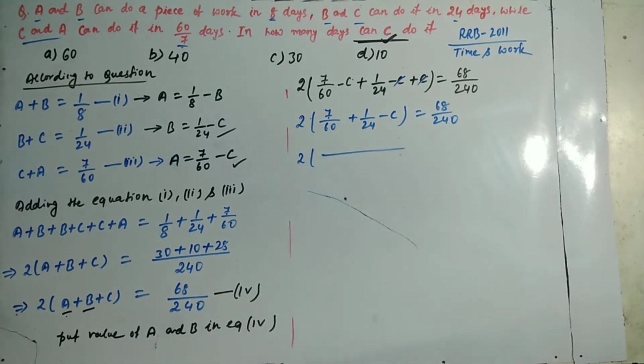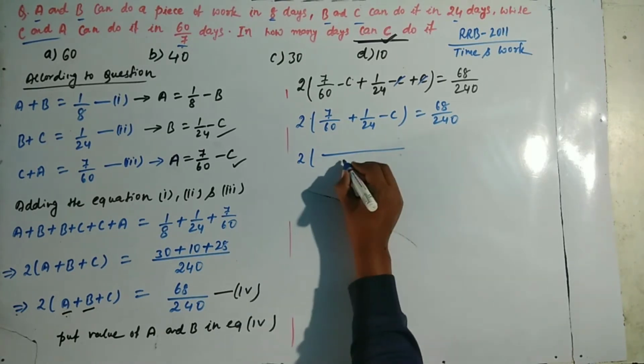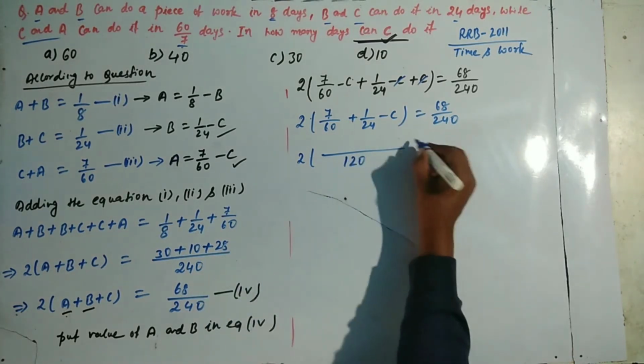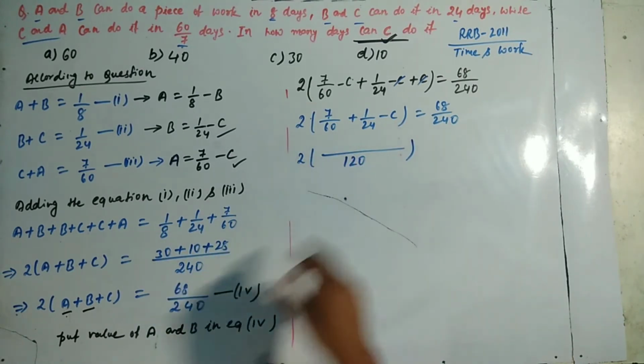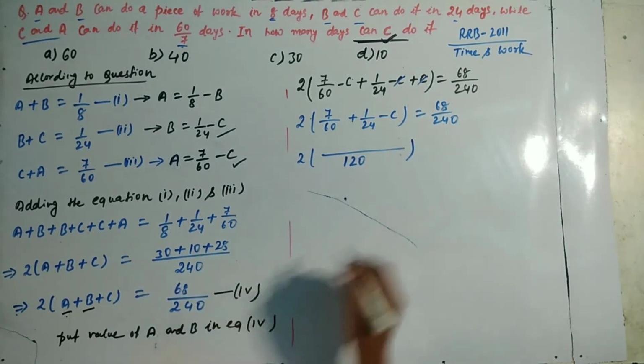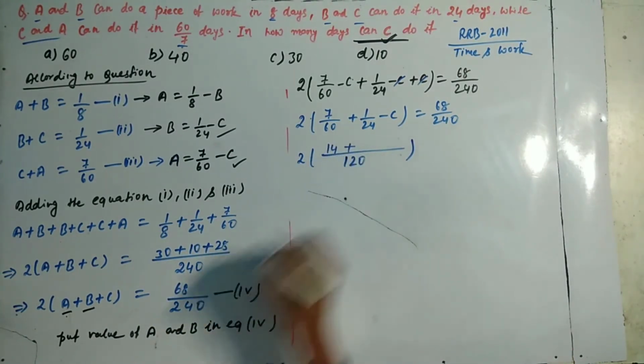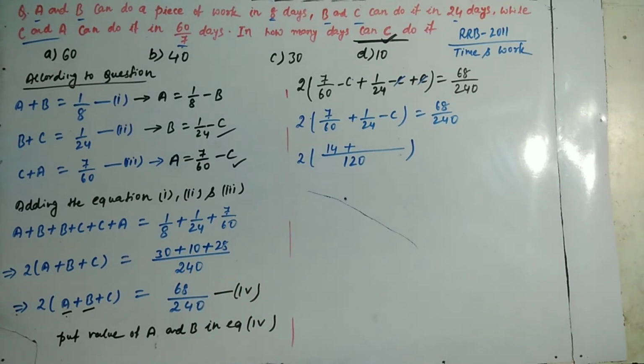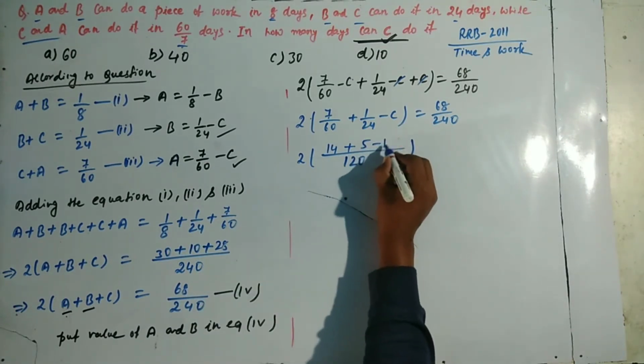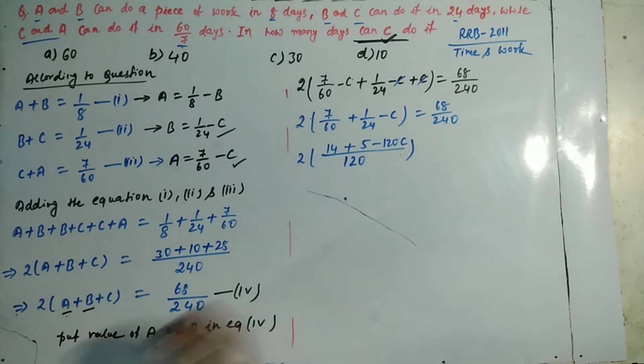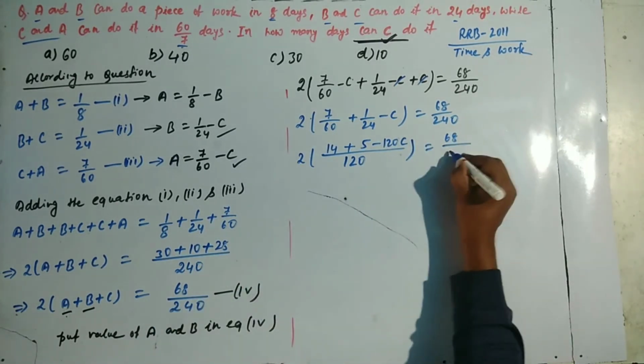Now we solve the equation. Take the LCM, which is 120: 40 plus 14 plus 5 minus 120C equals 68 by 240.